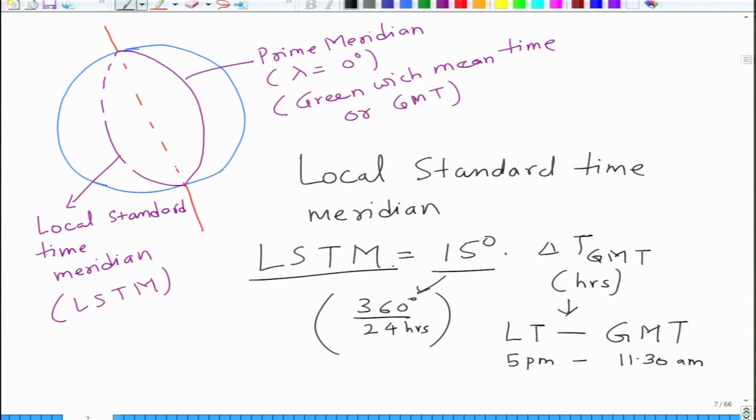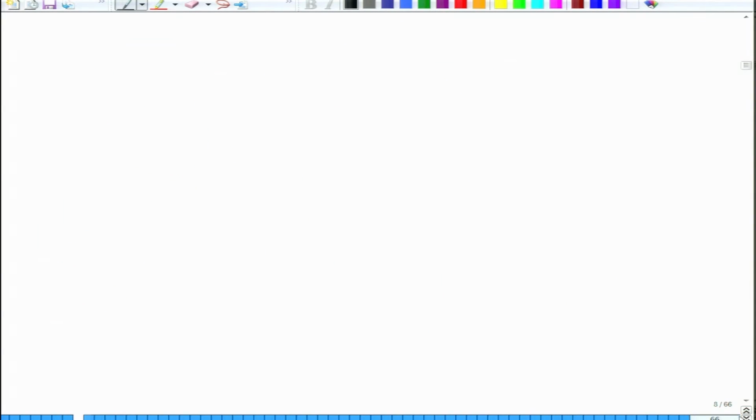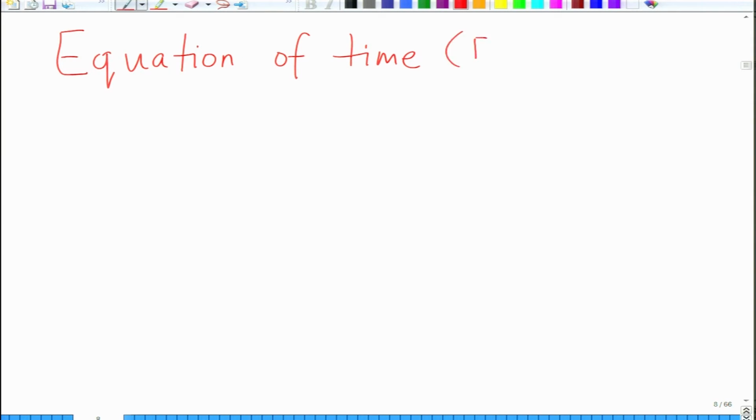So this is called LSTM, that is local standard time meridian, and basically we are calculating this in degrees, angular values. And then there is something called the equation of time, which is called EOT, in minutes.